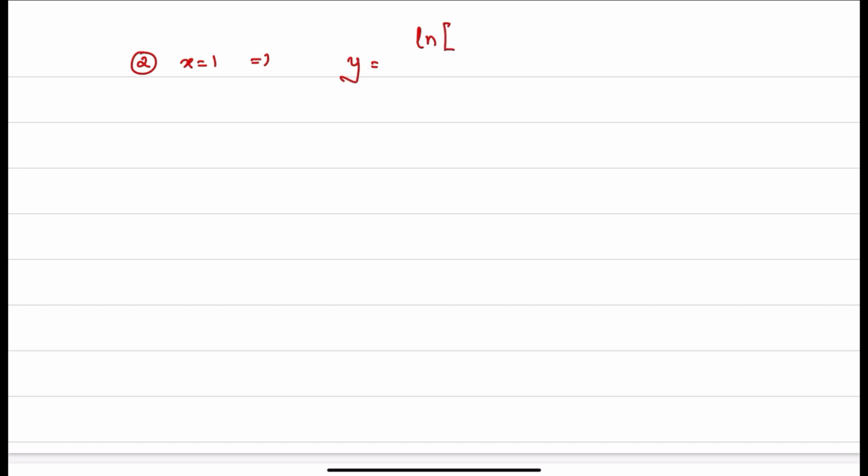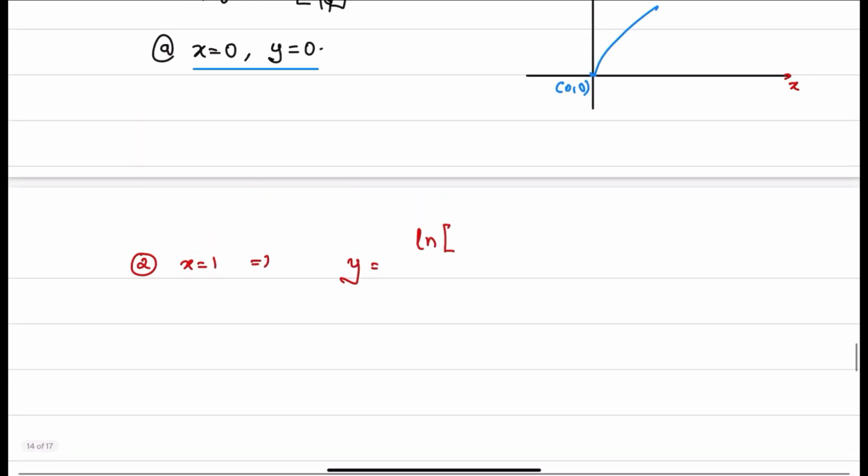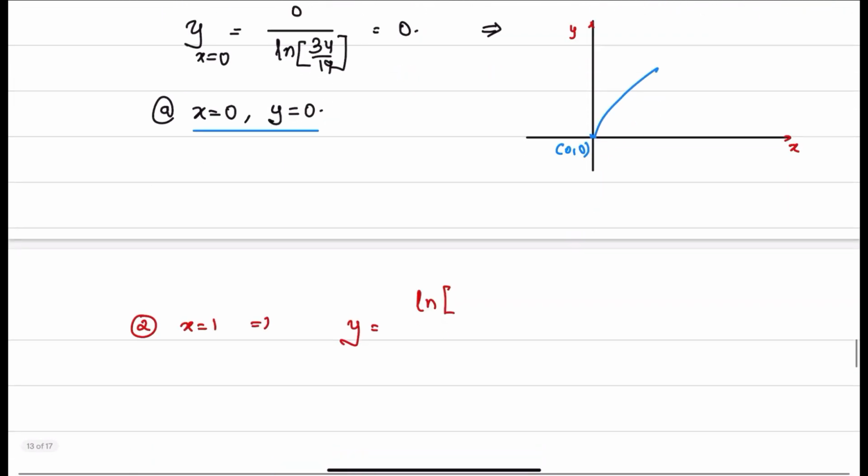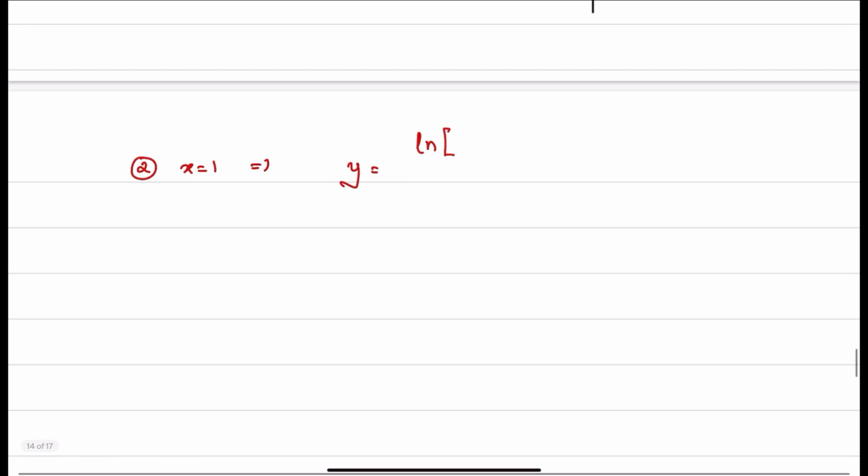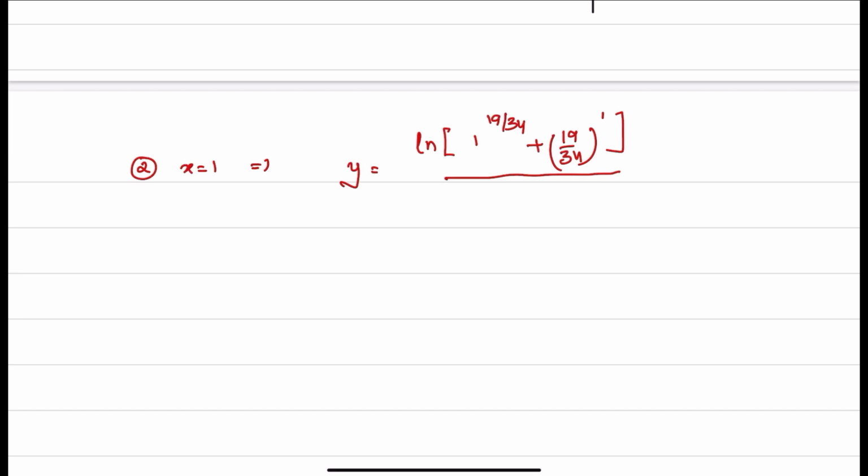What is the equation? 1 to the power of 19 by 34 plus 19 by 34 to the power of 1, whole divided by ln 34 by 19.